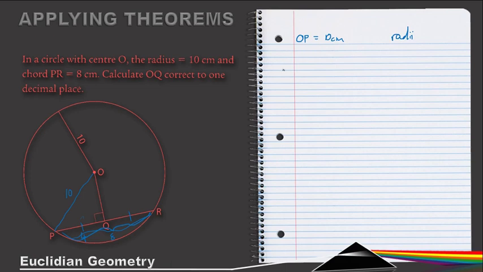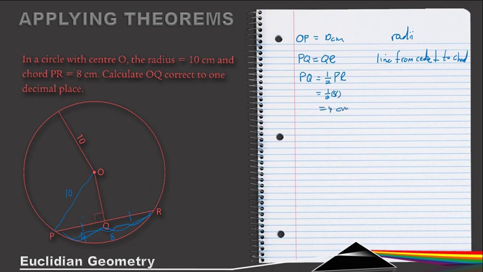But we know that PQ is equal to QR, and our reason is line from center is perpendicular to chord, and therefore we know that PQ is half of PR, so that would be half of 8, which gives us 4.